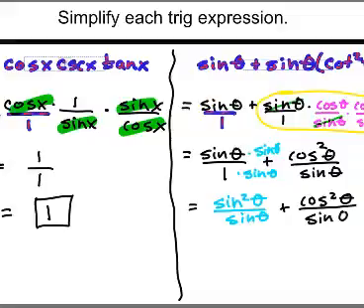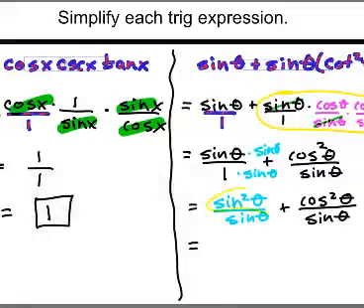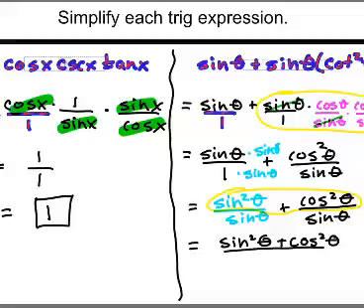But now that we have a common denominator, I can put the tops together. So I can put this whole numerator together here. This becomes sine squared plus cosine squared. That sounds familiar. Sine squared plus cosine squared is equal to 1.